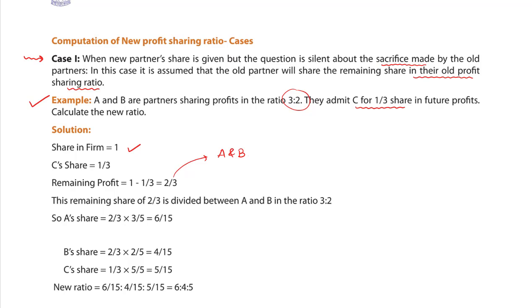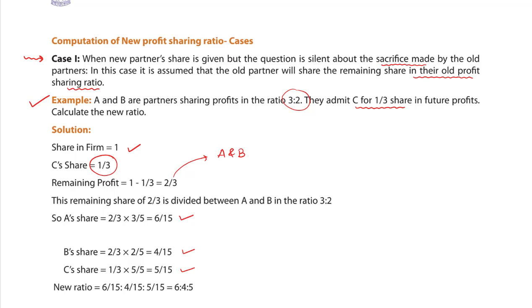This remaining share of 2/3 is divided between A and B in their old profit sharing ratio. Their old profit sharing ratio is 3:2. So A's share is 2/3 multiplied by 3/5, that is 6/15. B's share is 2/3 multiplied by 2/5, that is 4/15. And C's share is 1/3. So 1/3 multiplied by 5/5 is 5/15.